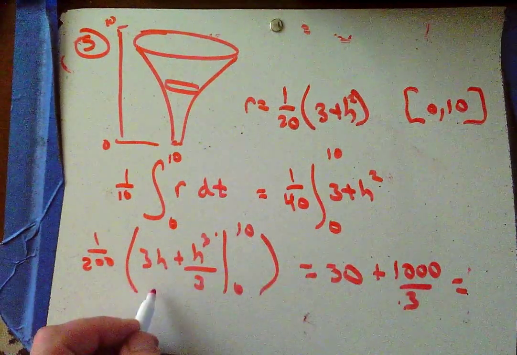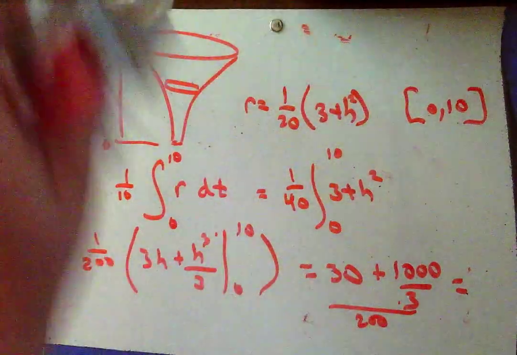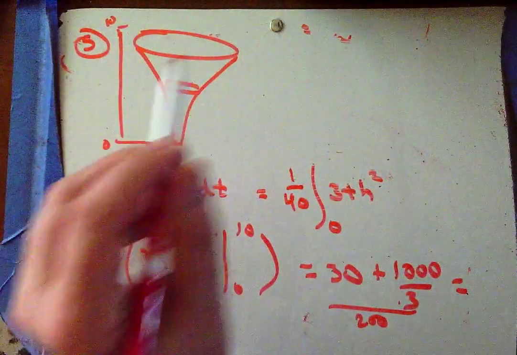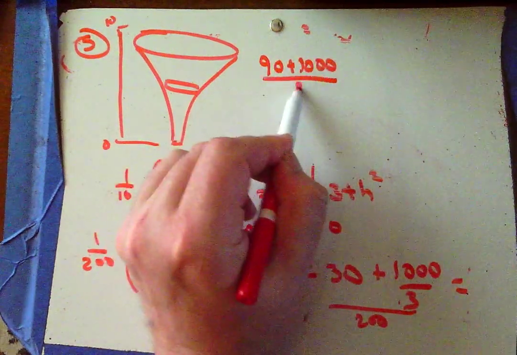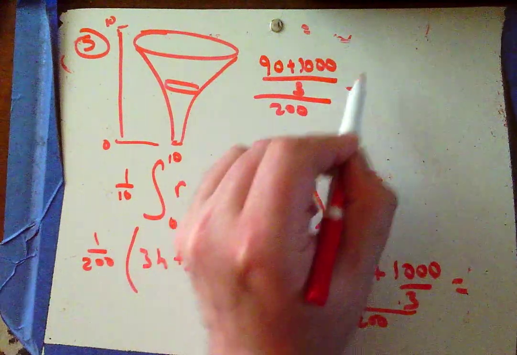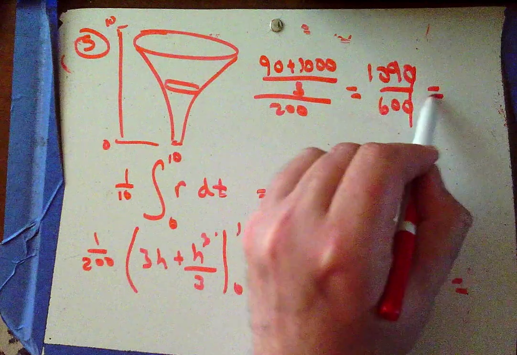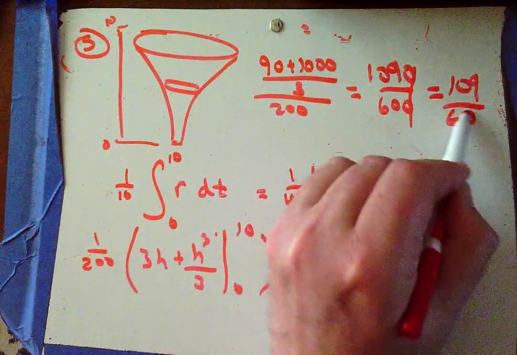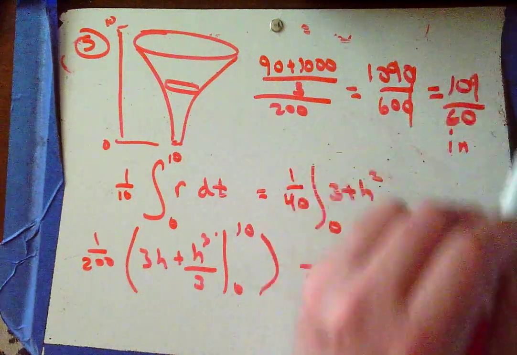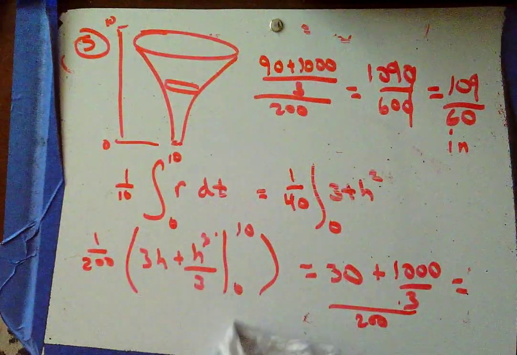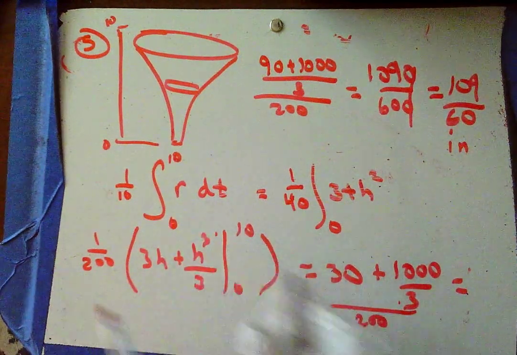So I make a common denominator. And that gives me 90 plus 1,000 over 3 over 200, which is 1090 over 600, or 109 over 60. And those are inches. This is the average radius of this funnel from 0 to 10 inches.